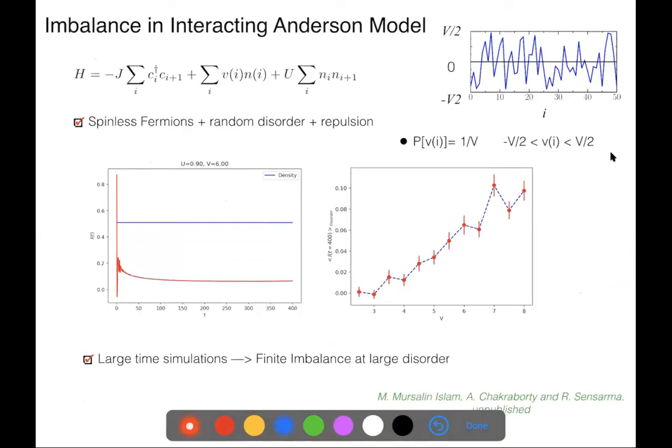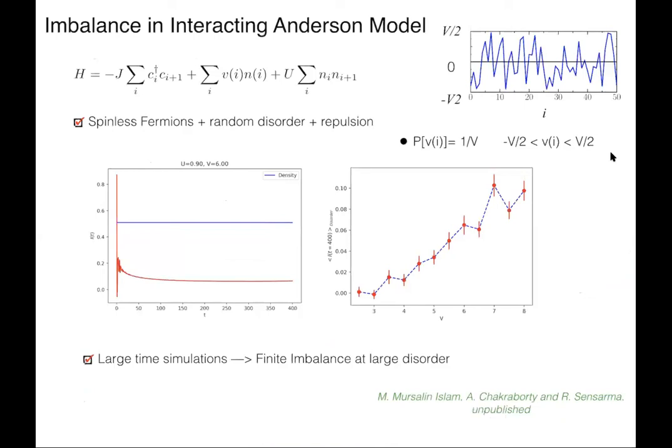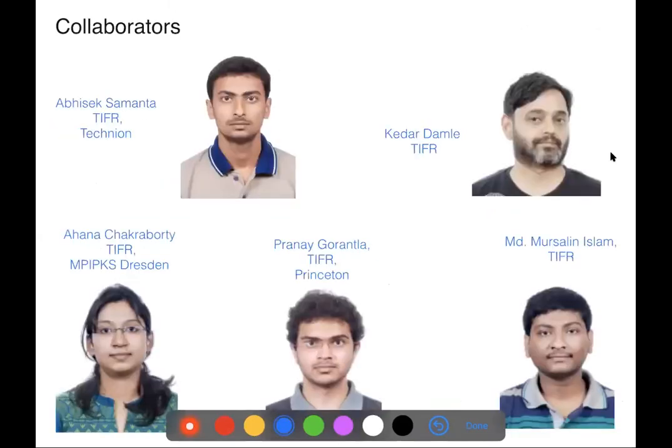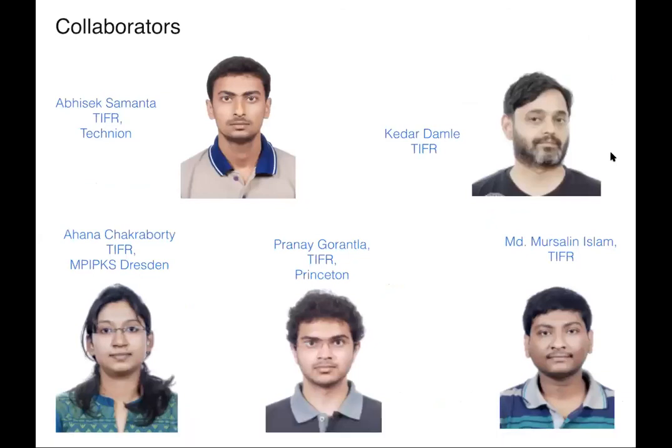A student of mine, Mursalin Islam, who has been working on this, has done some 2D calculations. He can go up to 400 times the microscopic time scale and see a clear imbalance going to a finite value with a very 2D calculation. But I will not talk about this. I'll just come to the last slide.